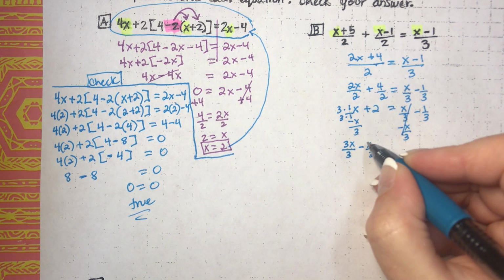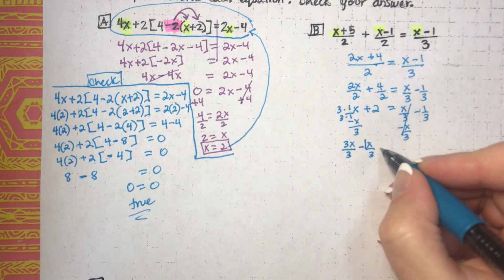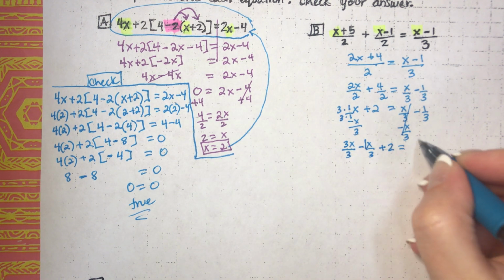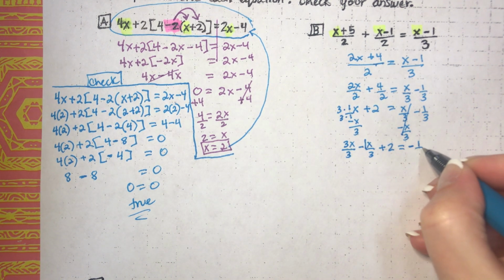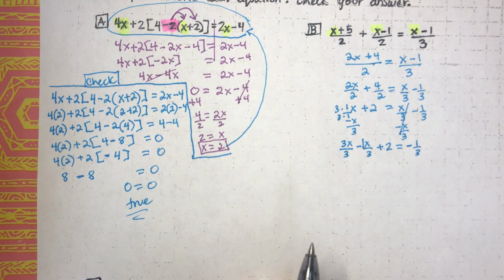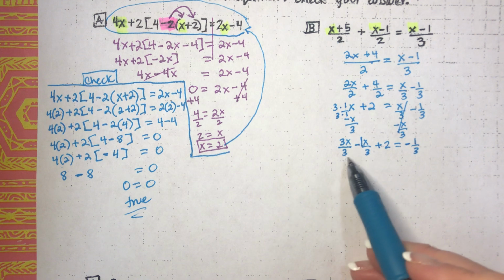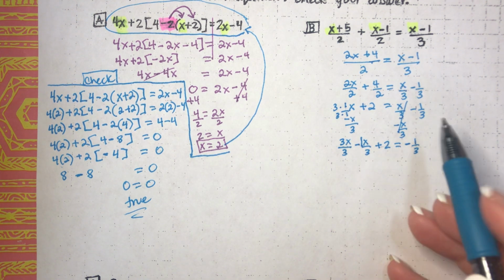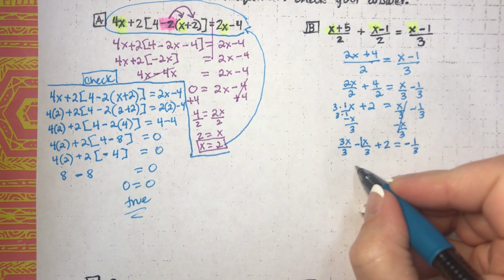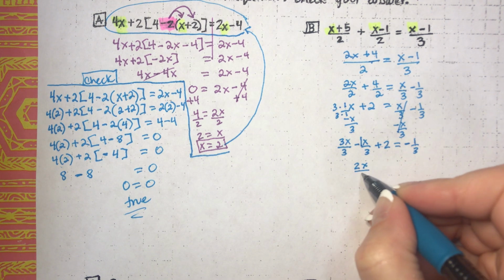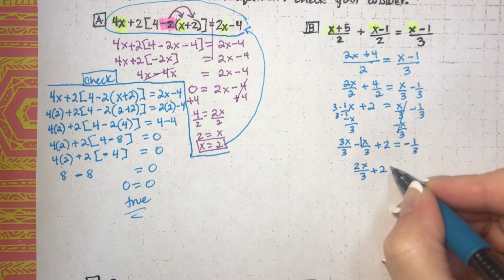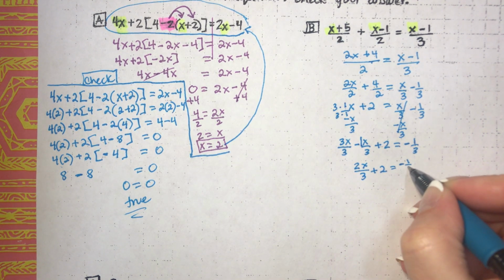And there's no number here in front of the x, but there's a 1. That cancels. Negative 1/3 is on the other side. So then I just go ahead and simplify this. They have a common denominator, so 3x minus 1x would be 2x over 3 plus 2 equals negative 1/3.